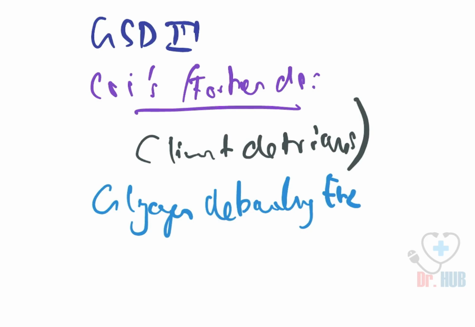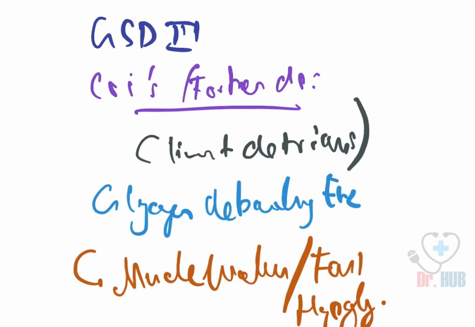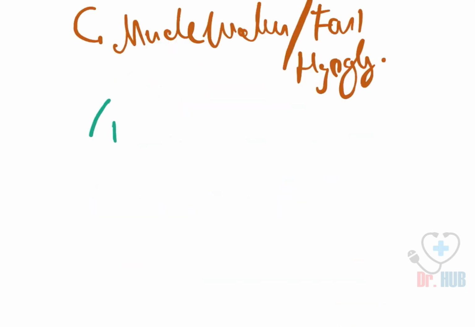And what are the features of the Cori's and Forbes disease? The symptoms involve muscle weakness. Next, the fasting hypoglycemia, as well as the hepatomegaly. And why is the hepatomegaly occurring?